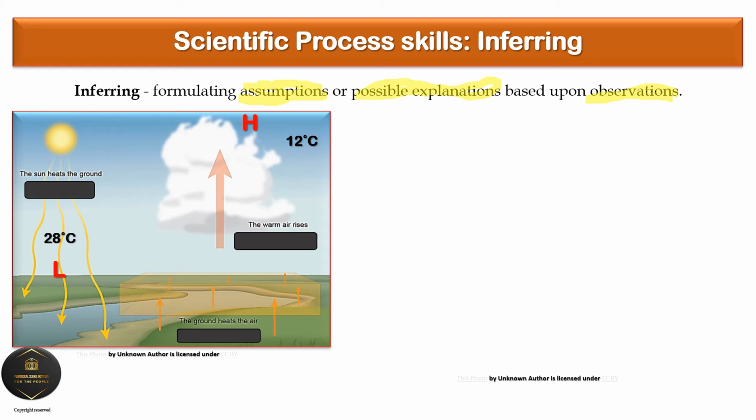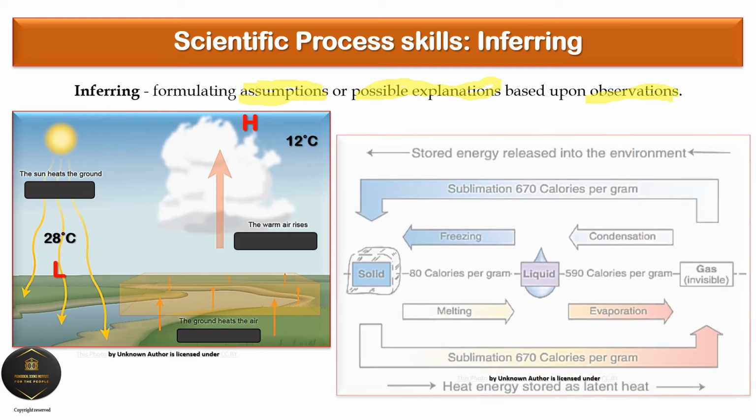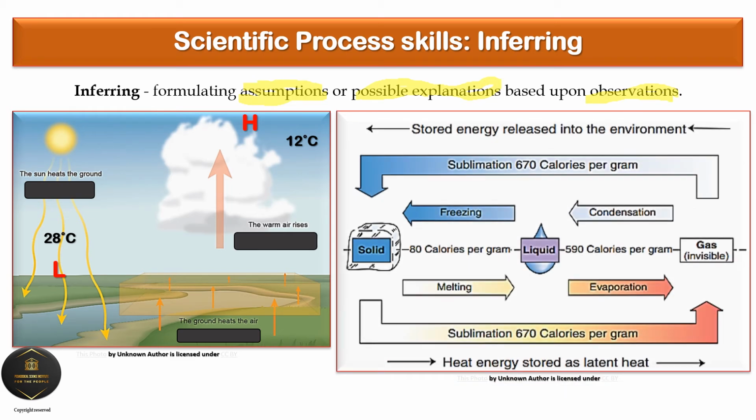So you'll see that these scientific process skills work hand in hand. So it's important for you to know that. So we've found out that the temperature is 28 degrees Celsius at the surface and its pressure is low, and the opposite is true in the upper atmosphere. So now we start making possible explanations.